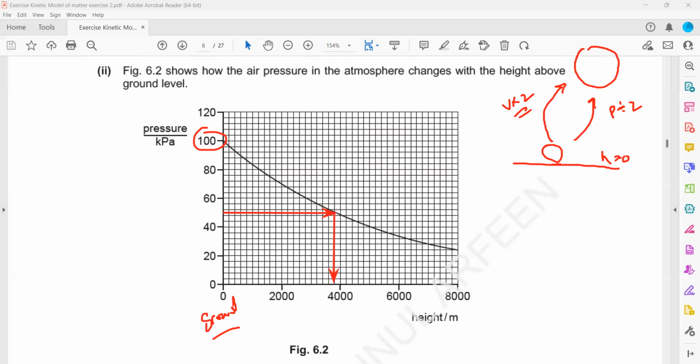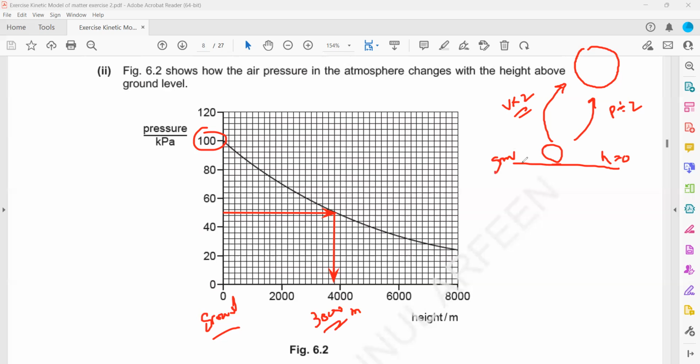When you check the y-axis, each box represents 200. So it is 3,800 meter.